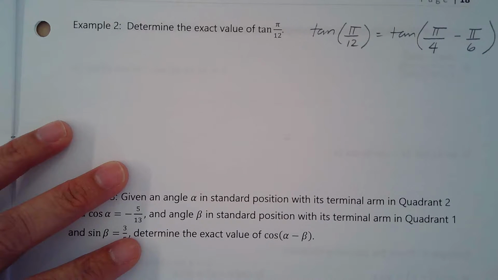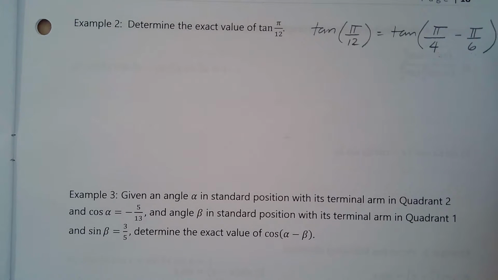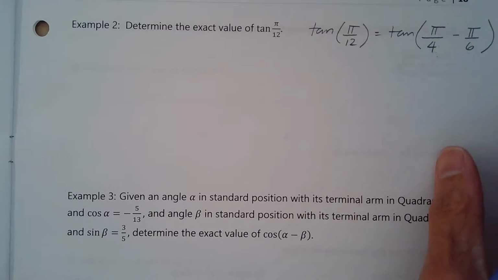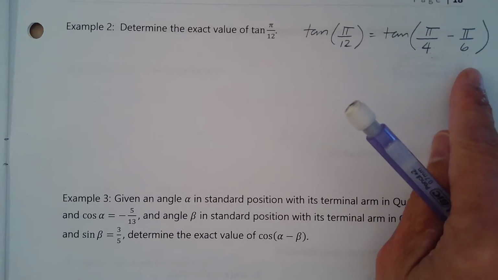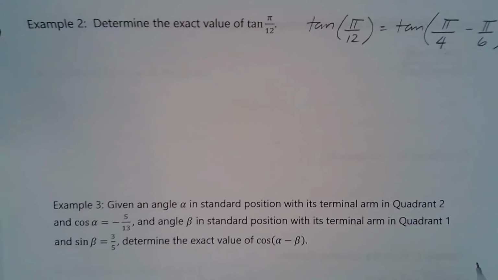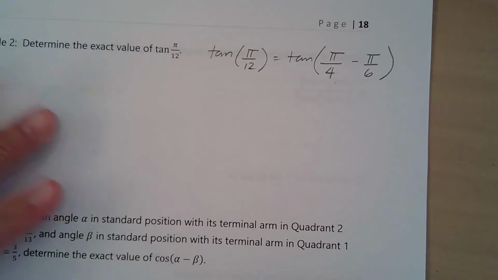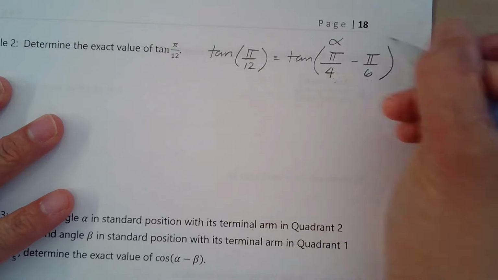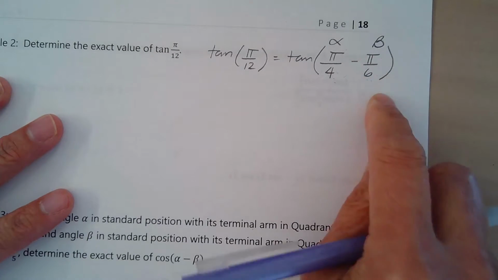Pi over 4, because if you multiply this by 3, that's going to be 3 pi over 12, and if you multiply this by 2, that's going to be 2 pi over 12. So in this particular case, our alpha is pi over 4. Beta is pi over 6.